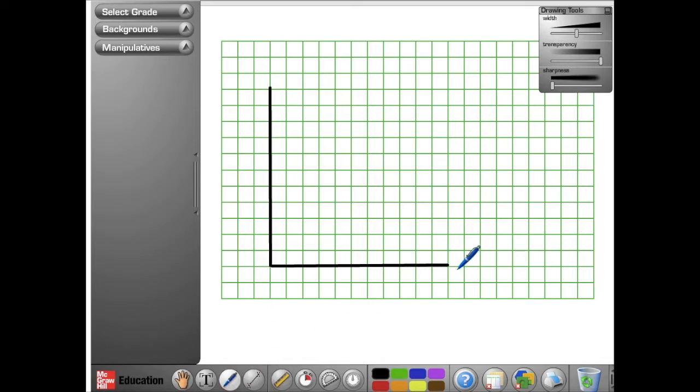The bottom axis is referred to as the x-axis. And the vertical is oftentimes referred to as the y-axis. I've taught students over the years a visual technique to remind them as to which axis is which.